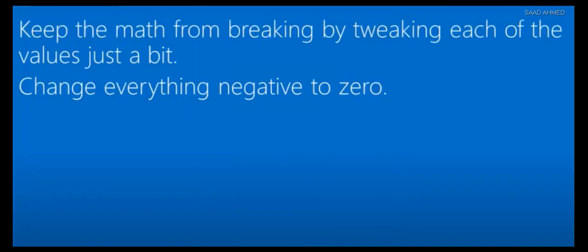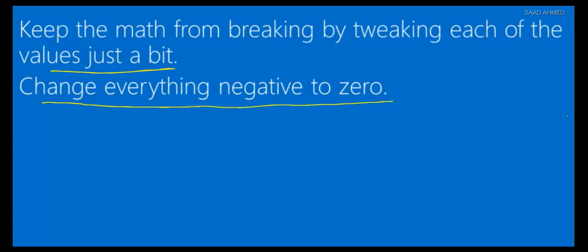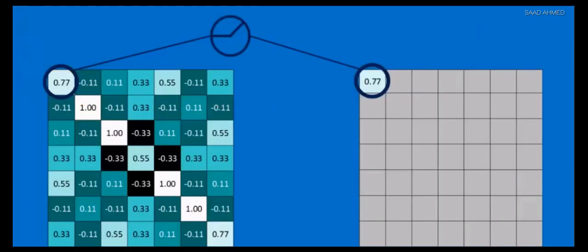Then comes the normalization, and in normalization what we do is we keep the math from breaking by tweaking each of the value just a bit. Change every negative to the 0. This is what we are going to do in normalization. This is the normalization, and you can see here this is the ReLU function, which we have already discussed in the previous session.